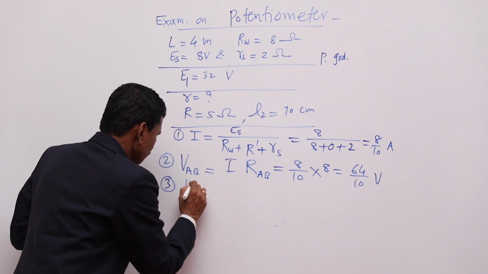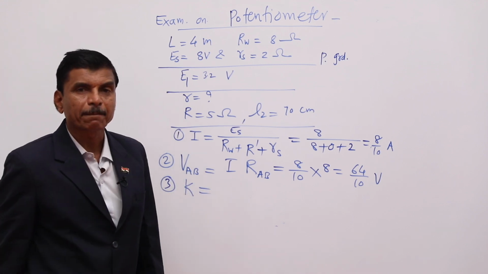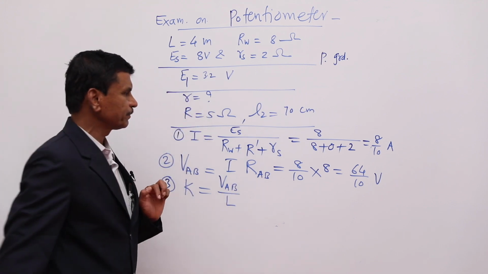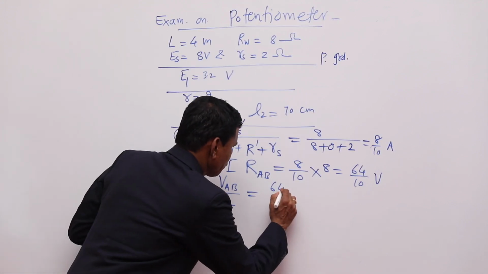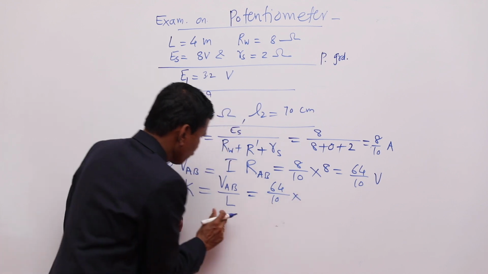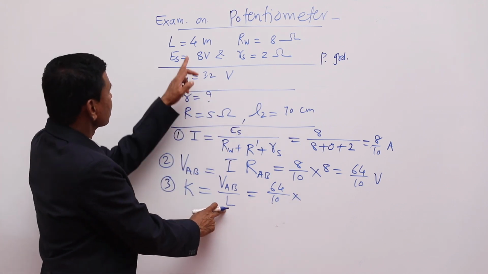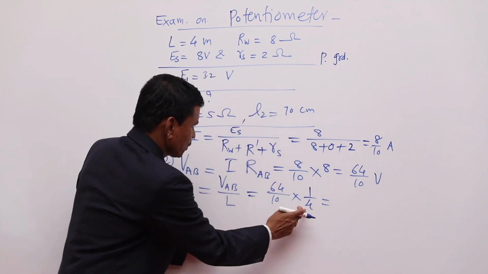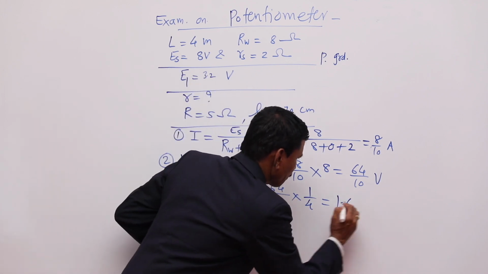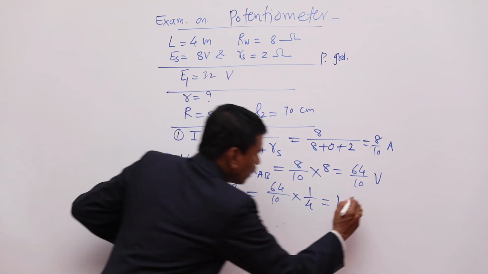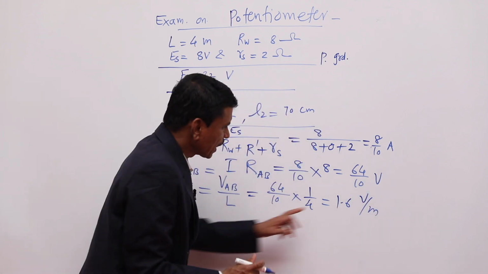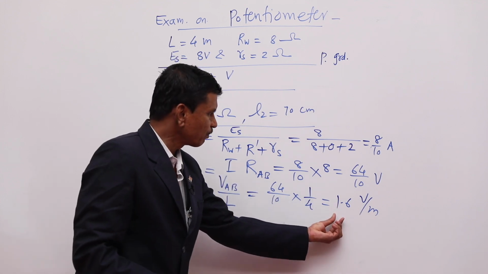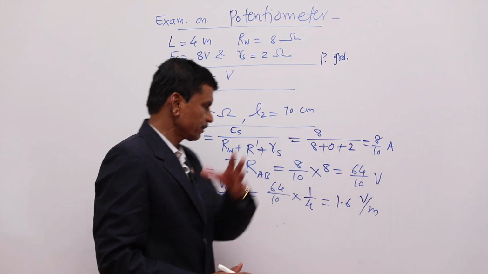Third thing, potential gradient K, which is nothing but the potential difference per unit length. So 64 upon 10 and we have to divide it by length. What is its length? 4 meter. So 16 upon 10, 1.6 volt per meter. Potential difference per unit length. How much? 1.6 volt per meter.